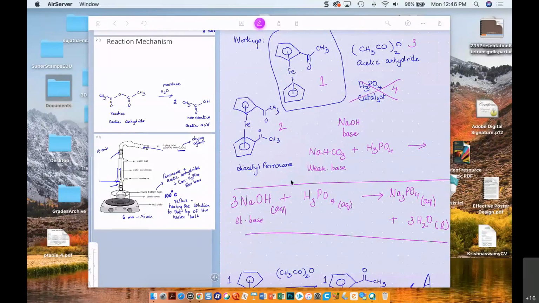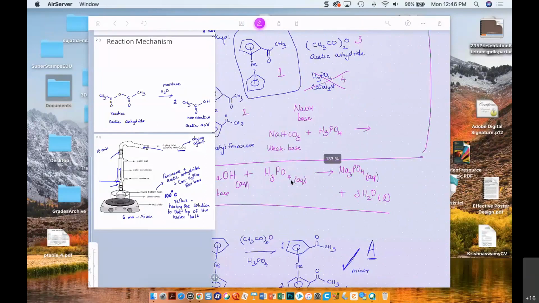So then you resort to a weaker base. And if there's any trace amounts of phosphoric acid, you can certainly remove that. So here it'll be water, carbon dioxide. I think that should do it. Yeah. It's balanced. So that is with sodium hydrogen carbonate.